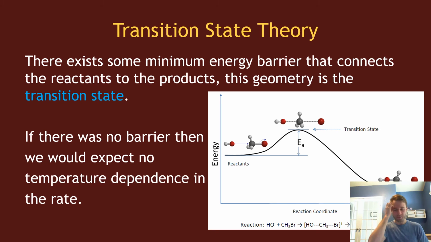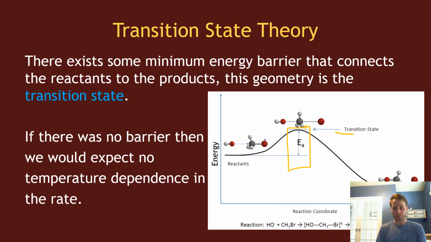We care about what's in between for kinetics, because that relates to how fast something is going to occur. That activation energy is related to the lowest energy barrier between reactants and products. What is the lowest energy state required to transition from reactants to products?